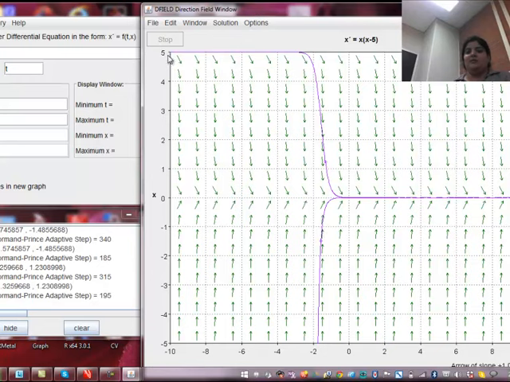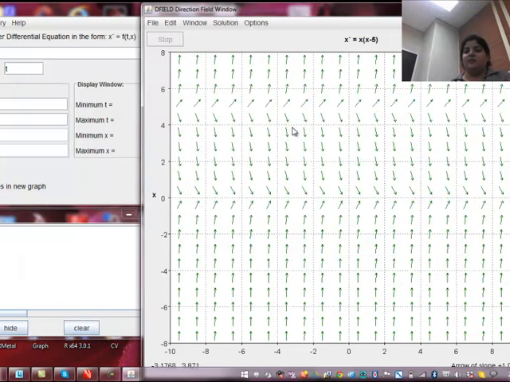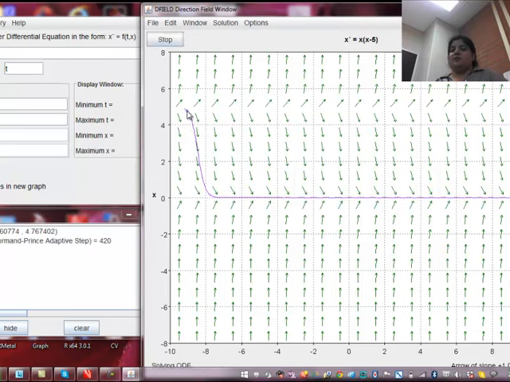Now if I look at y equals 5, since the range I have given is small, I am not able to see it, but let me put 8 and 8. That will give us an idea. So this is y equals 5.